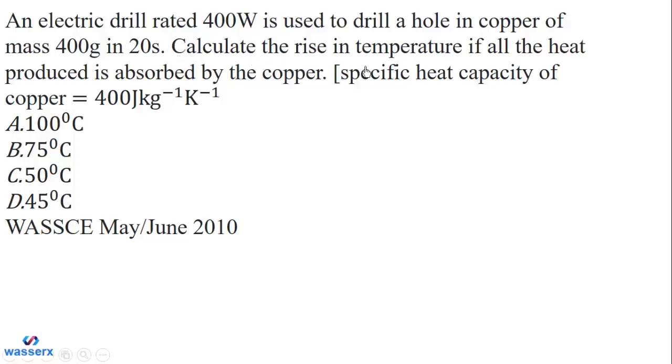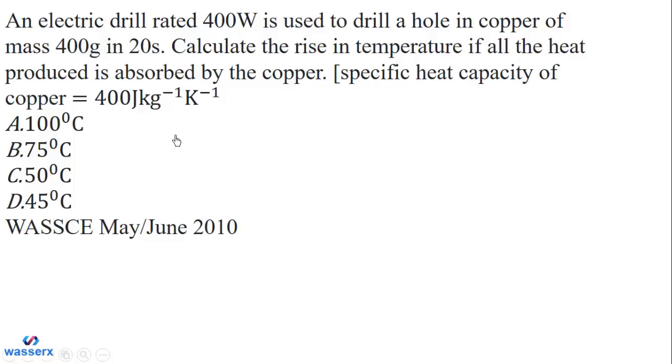Calculate the rise in temperature if all the heat produced is absorbed by the copper. Specific heat capacity of copper is equal to 400 joules per kilogram per Kelvin. So we have this question to solve.